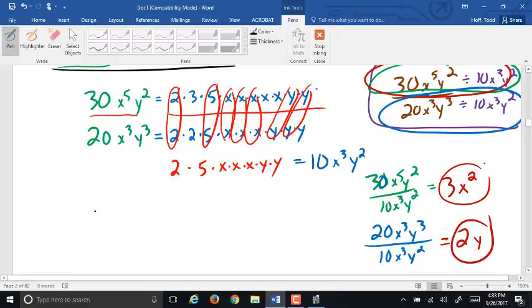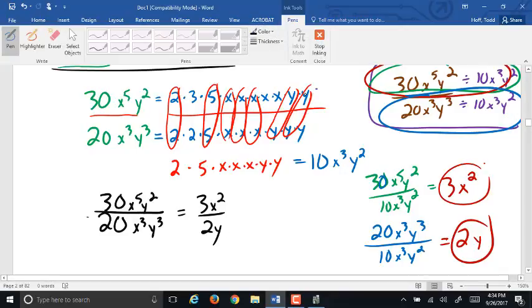So if that were a fraction, 30x to the fifth y squared over 20 x to the third y to the third, it would reduce to 3x squared over 2y.